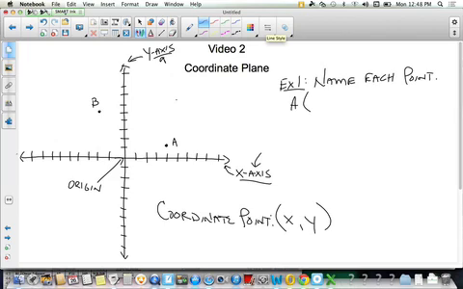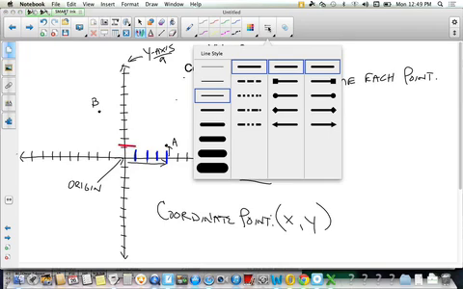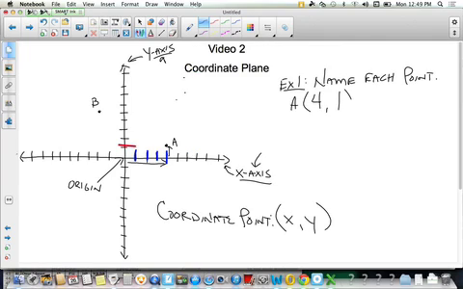To get the x value, I count along my x-axis until I get directly below that point. We count over 1, 2, 3, 4. There are 4 marks until I get to my point, so my x coordinate is 4. Then we count up from there until we get to the level of the point. We go up just 1, so my y coordinate is 1.